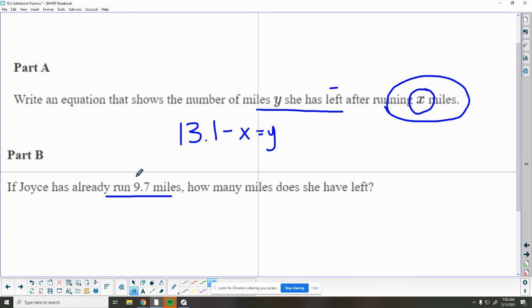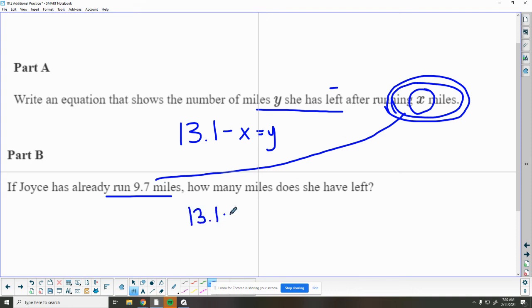How much does she have left? How much she's run is x, so we plug in 13.1 minus 9.7, and that will equal y. We already have y by itself, so all we need to do is subtract, and that will tell us how much she has left.